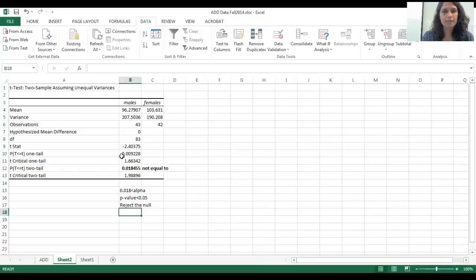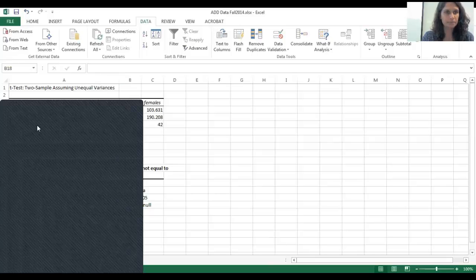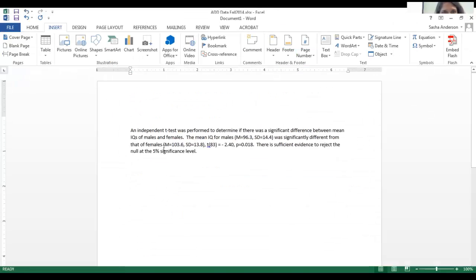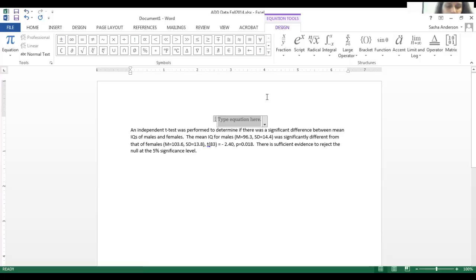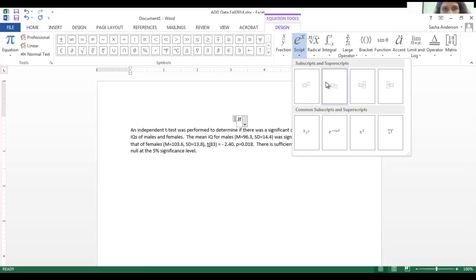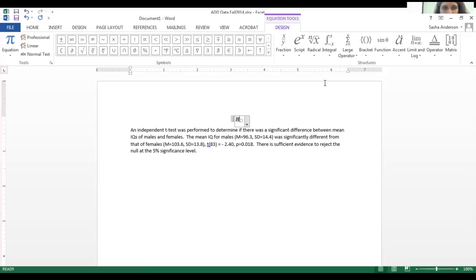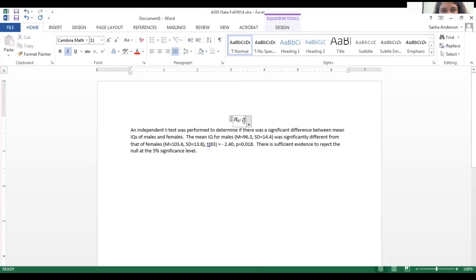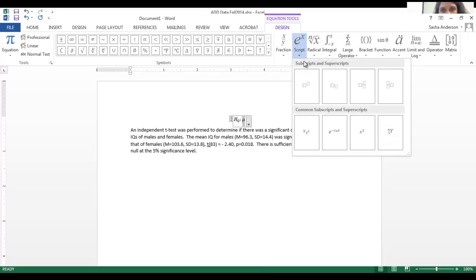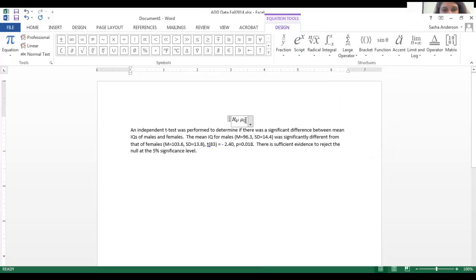Okay, but I have not actually written this in APA format, so let me go ahead and do that. I would say something like, this is my first draft, so bear with me: an independent t-test was performed to determine if there was a significant difference between mean IQs of males and females.